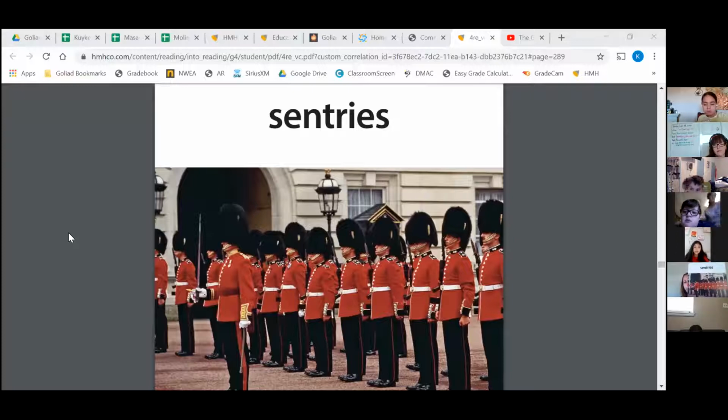What do you think it means? Guarding a place or something. Okay. Means like guards. Right, guards. So sentries are guards or lookouts who stand in a place to keep watch. So what Diver and AJ said are correct.